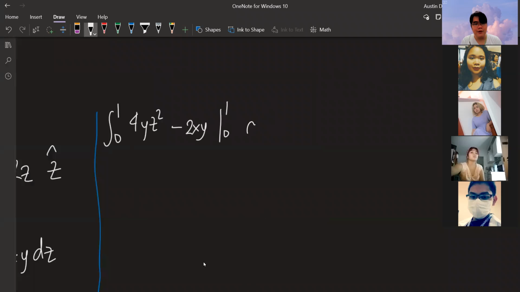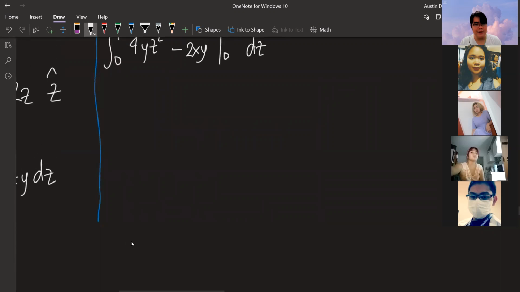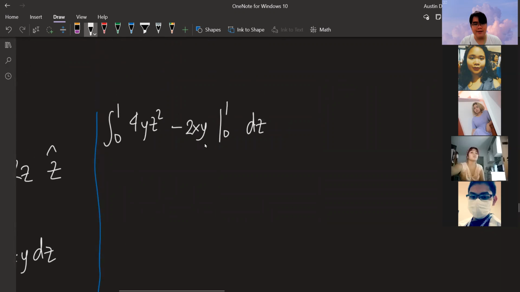And then I'm left with dz. Tama ba? dz yung naiiwan. So dy dz. And this is simple, no? Alam naman natin na 1 lang to, 1 lang to. And then if we evaluate them at 0, mawawala lang yung mga values natin. So we're left with 4. Sorry, the integral muna natin. Then, ang sikip.